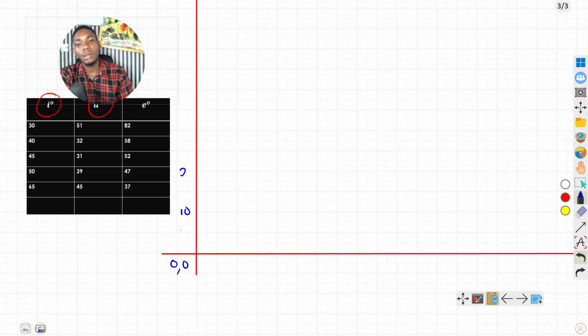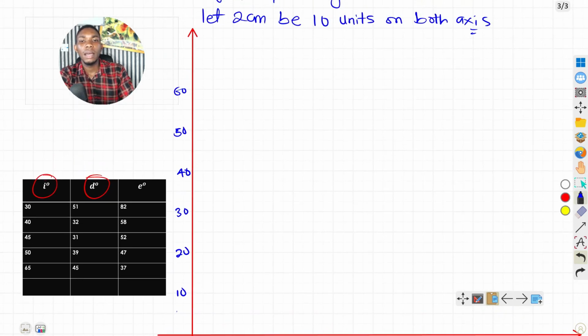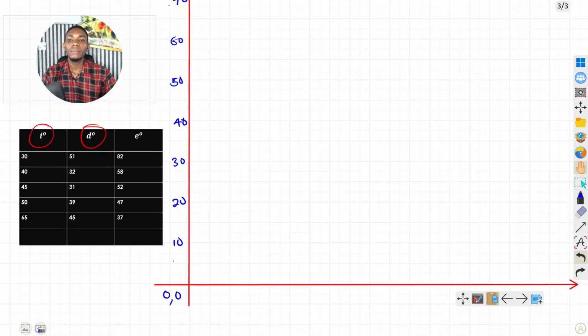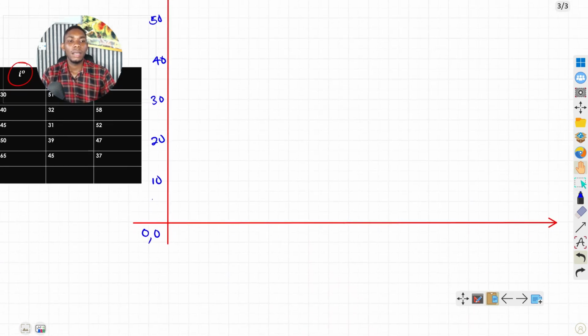Here will be 10, here 20, here 30, here 40, here 50, here 60, and lastly here will be 70. Now for the other axis, let's write out our values here: 10, 20, 30, 40, 50, 60, 70, 80.